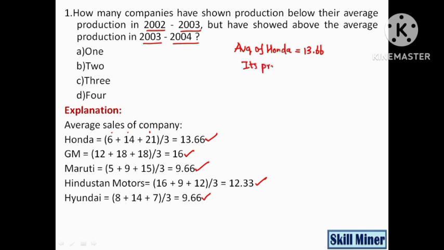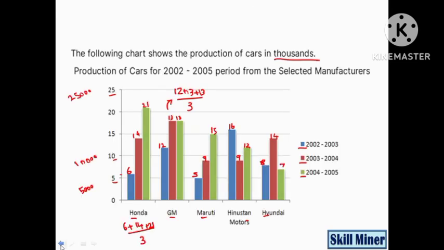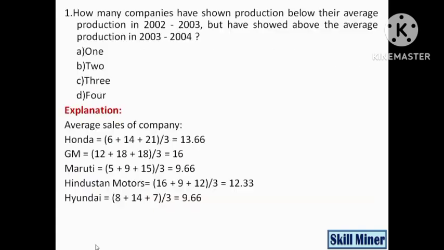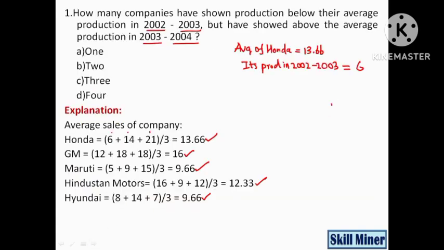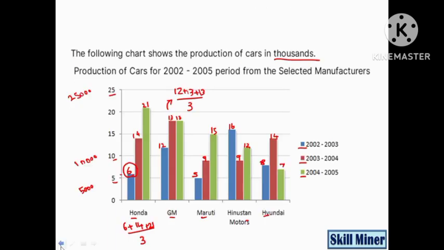Honda's production in 2002 to 2003 is 6. Its production in 2003 to 2004 is 14.